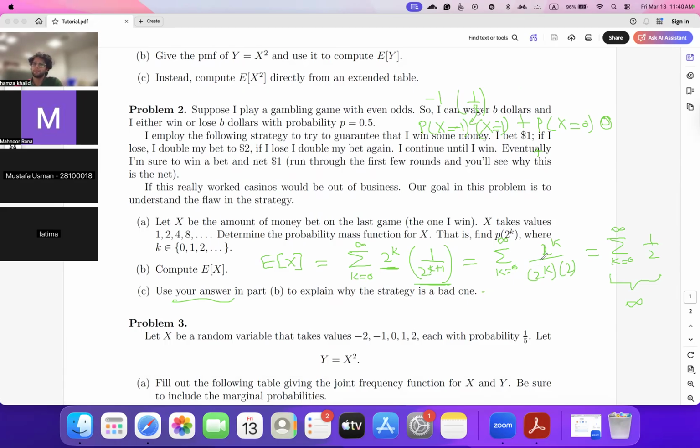Well, you can do that to win $1, but on average you need an infinite amount of money, right? That's a problem with this. You're guaranteed to win $1, but you need an infinite amount of money to do that, which does not exist, obviously. Is that point clear?